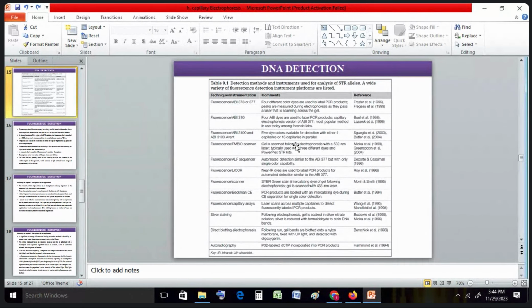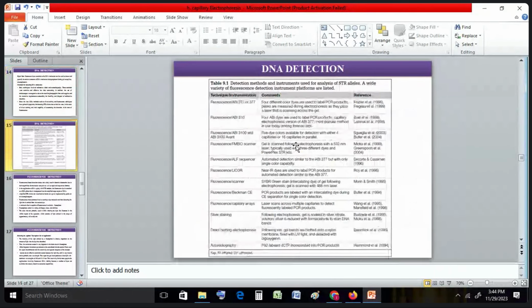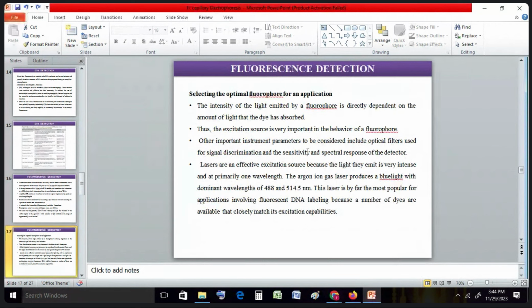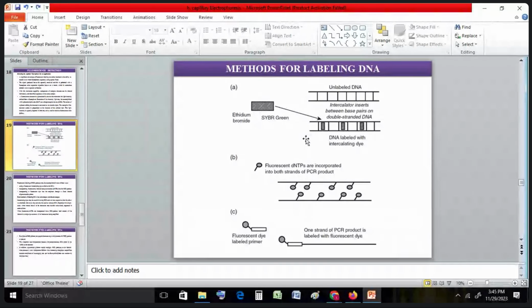So you have to have a method to label the DNA. To label the DNA, we can do fluorescence tagging, and there are three different methods for labeling the DNA. I will discuss these three methods one by one.